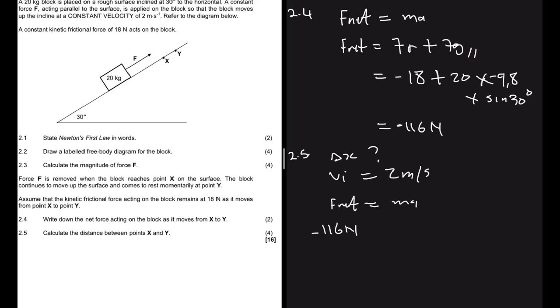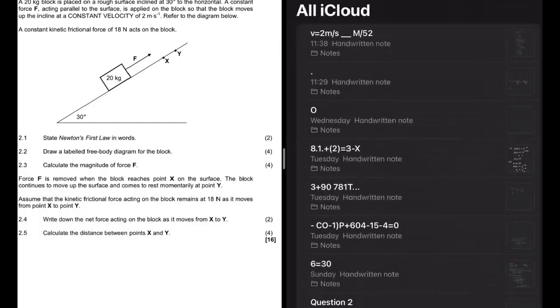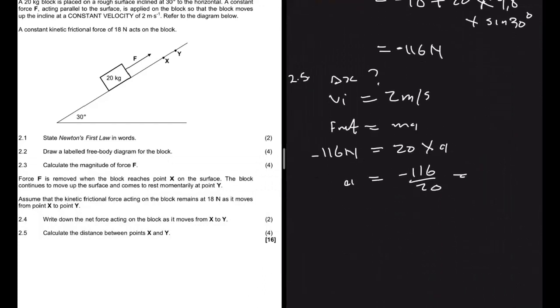So we have minus 16 newtons equals 20 kg multiplied by acceleration. So our acceleration is equal to minus 116 divided by 20, which is giving us minus 5.8 meters per second squared, right?